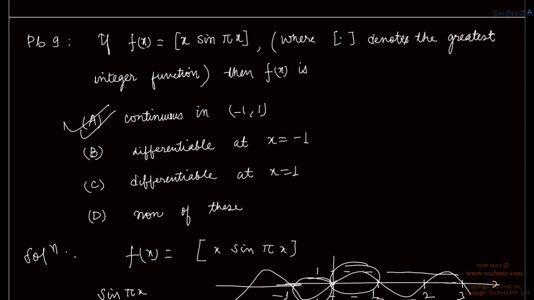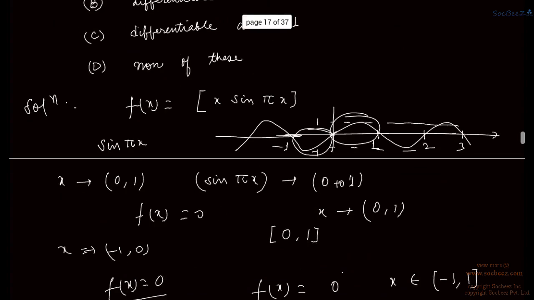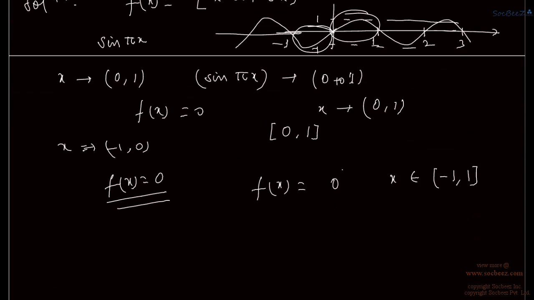So first let us check the continuity of the function at x equal to 1 and -1. If x is greater than 1, let us take x between 1 and 2. In that case sin(πx) will be negative and x is positive.